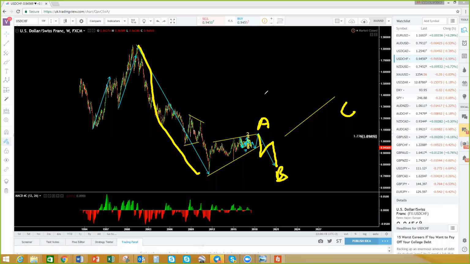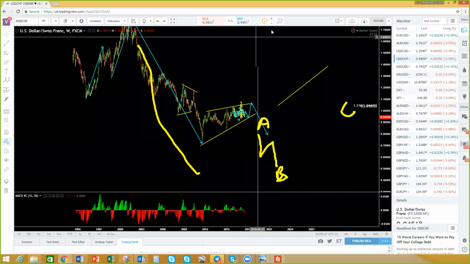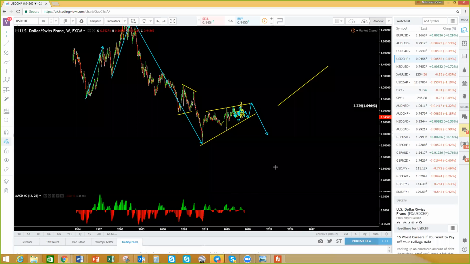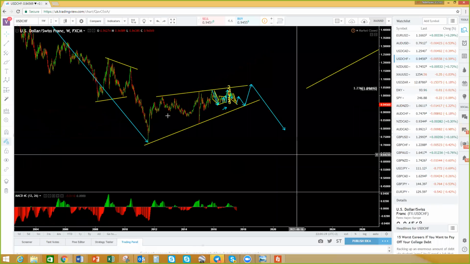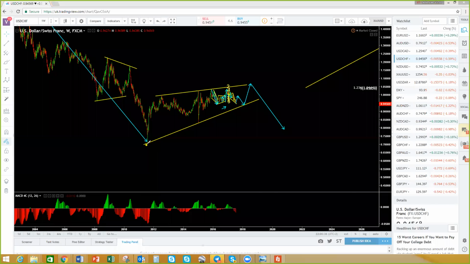So what did I say? On A, you can get an ending diagonal. And what I have here looks like an ending diagonal. I can label it here. So an ending diagonal. What I'm going to have here is wave 1, 2. Sorry, undo.